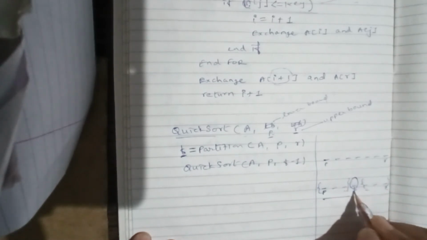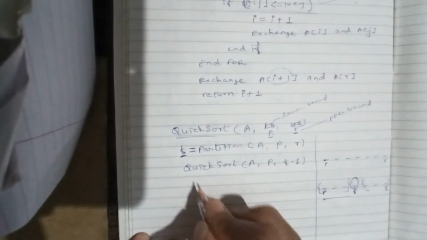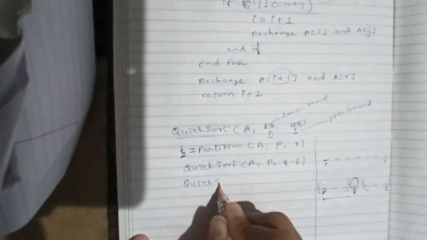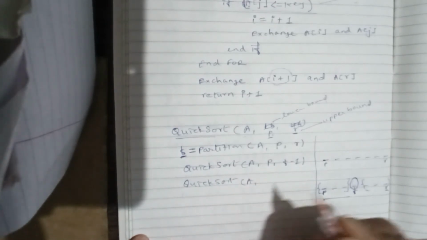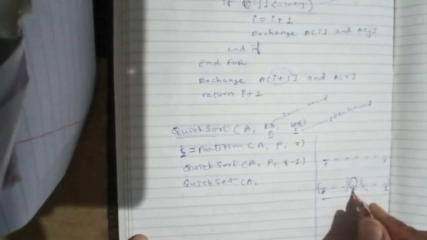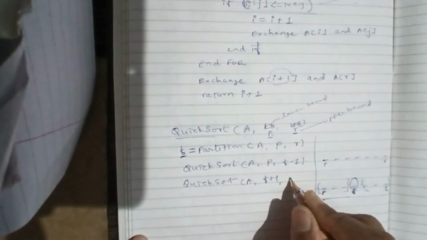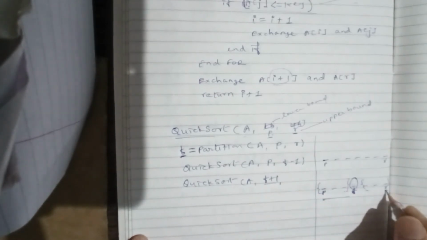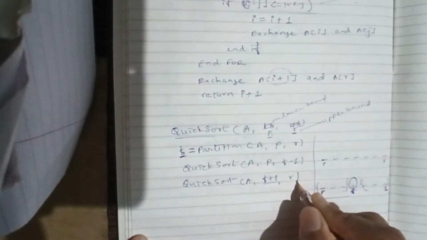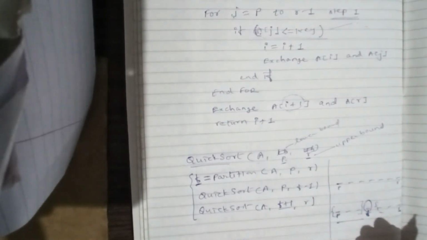So LB for that partition becomes F plus 1, and the upper bound remains the same, that is R. So again we call Quicksort to solve the right partition of this pivot, with lower bound F plus 1 and upper bound R.